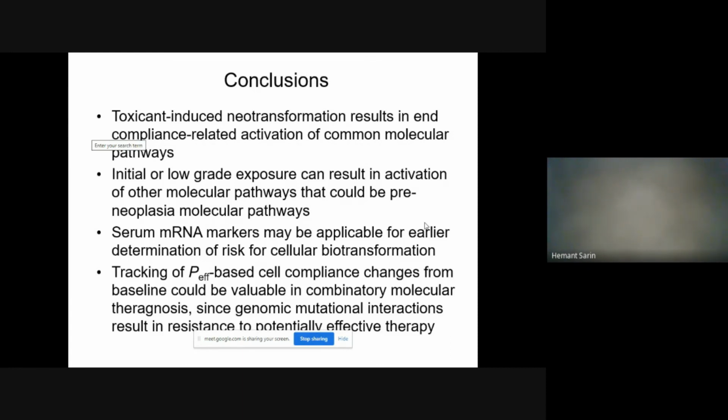Cell differentiation occurs, also de-differentiation occurs, and this falls within a spectrum, since there are genomic mutational interactions that potentially result in resistance to effective chemotherapy. This research is translationally applicable, for example with serum RNA markers or tissue markers.